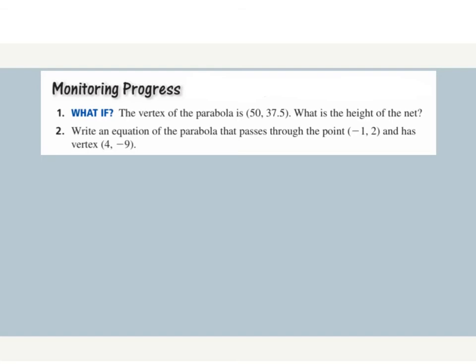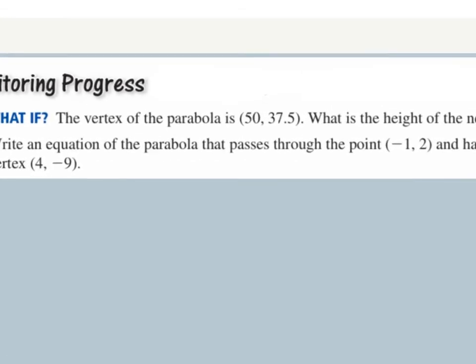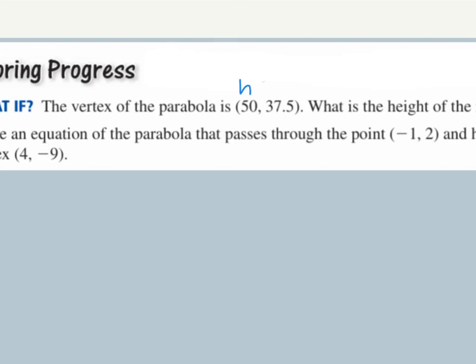So number 1 says, what if the vertex of the parabola is 50 and 37.5? What is the height of the net? So for this one, we would have to do the whole last problem we just did over again, but we would have 50 as our h and 37.5 as our k, and then we would have to find a new a.